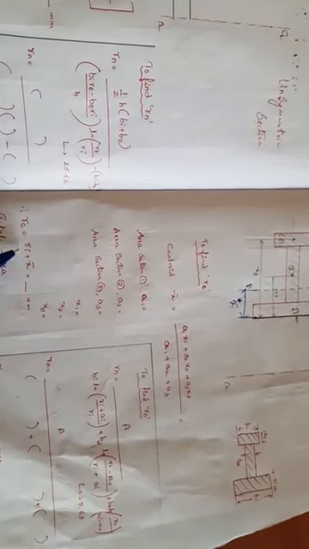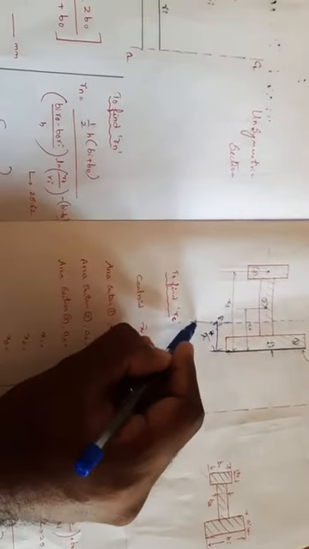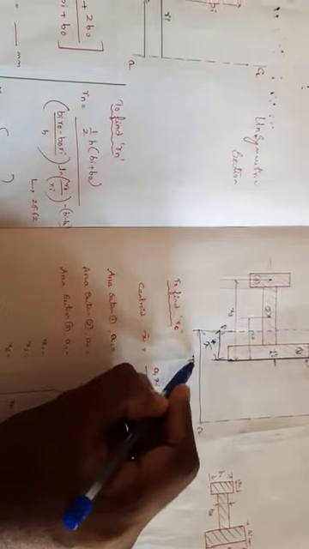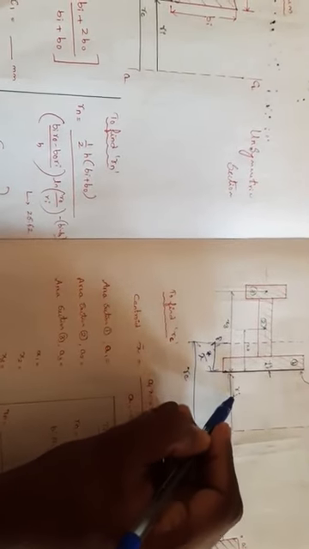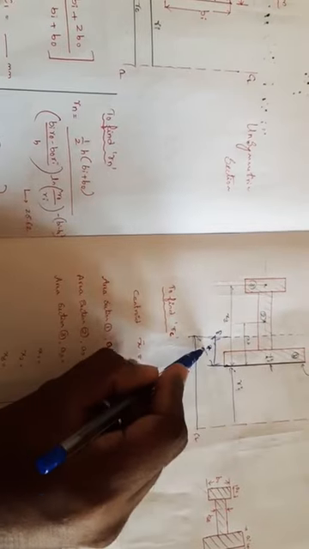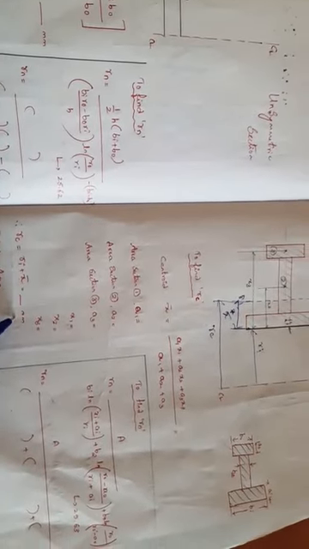So therefore Rc will be Ri plus x bar, we get Rc.